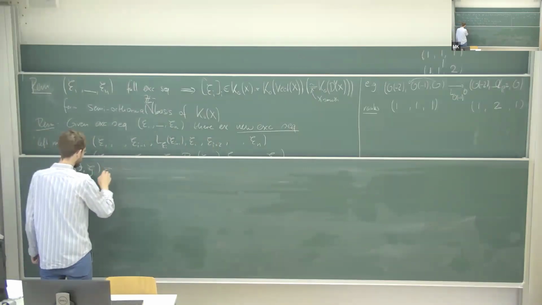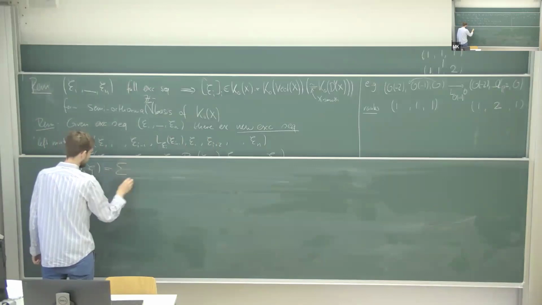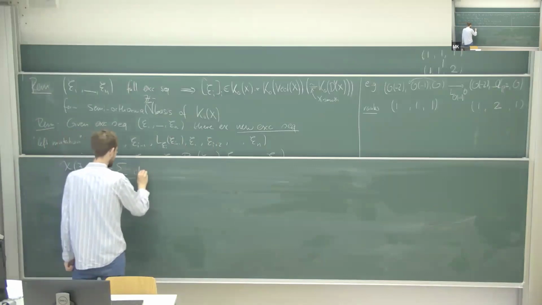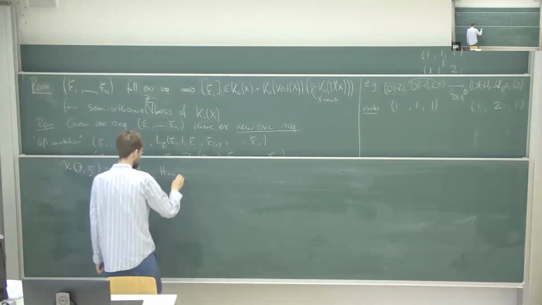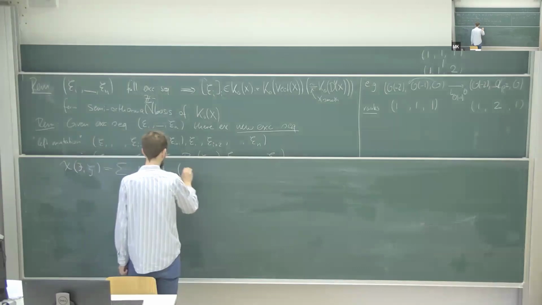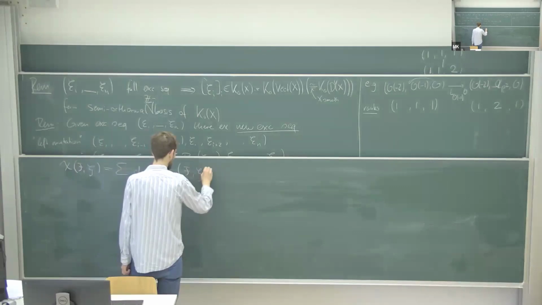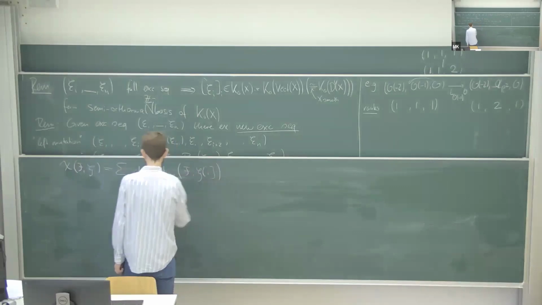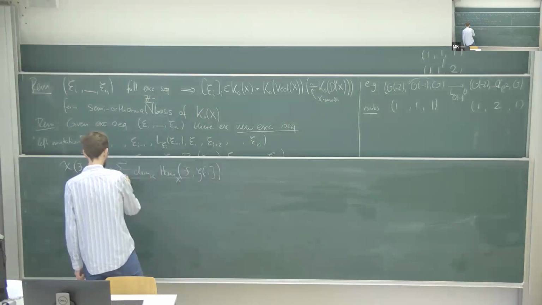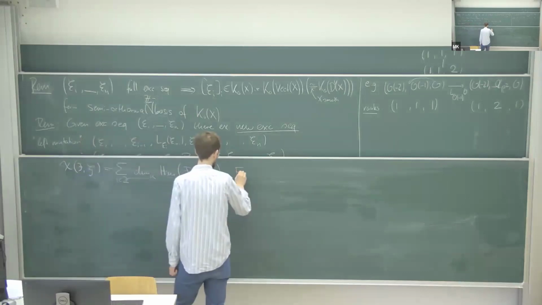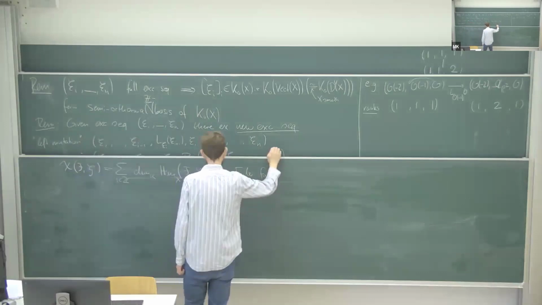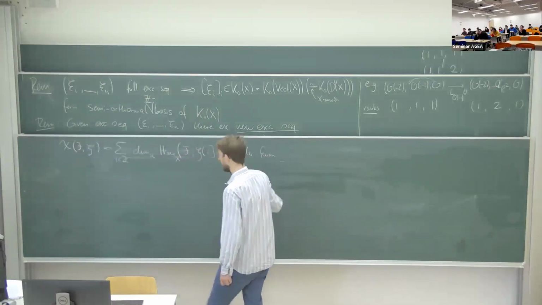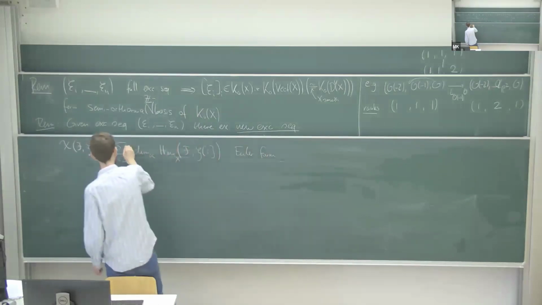Define the Euler form as the sum over i of the k-dimensions of the Hom spaces from F to G shifted by i. So this would be the Euler form. You take the alternating sum. Yes, thank you very much, of course.